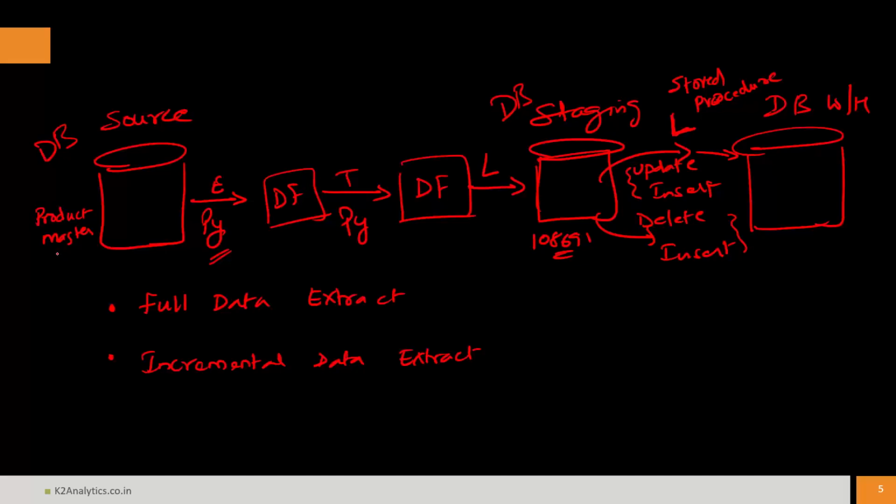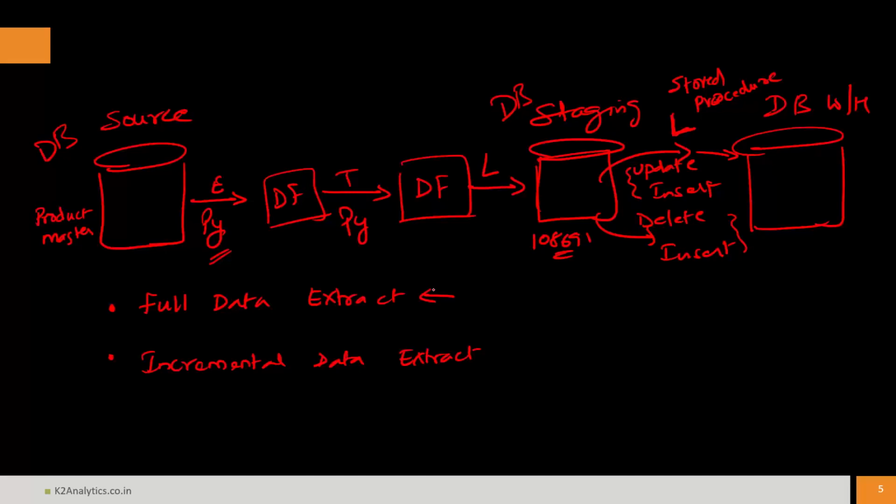It will have 100 records, 200 records, 500 records, 1000 records. So if it's a product master, I would suggest full data extract. There's no point looking for which are the one or two new product records that have been inserted, because the table will not change very frequently.